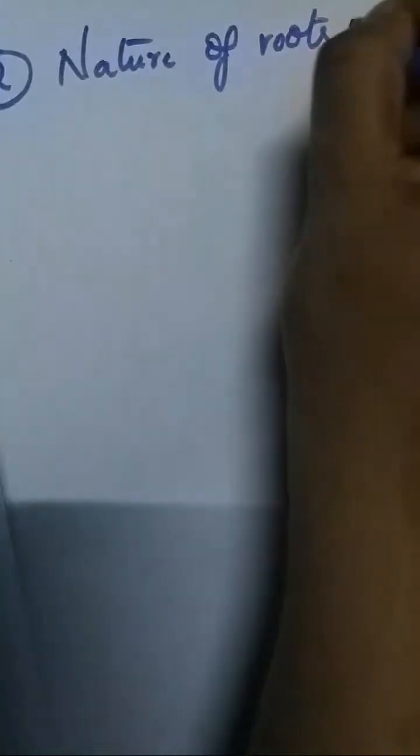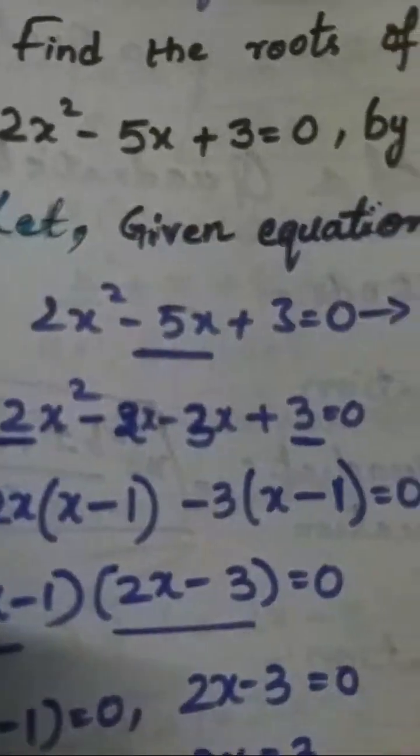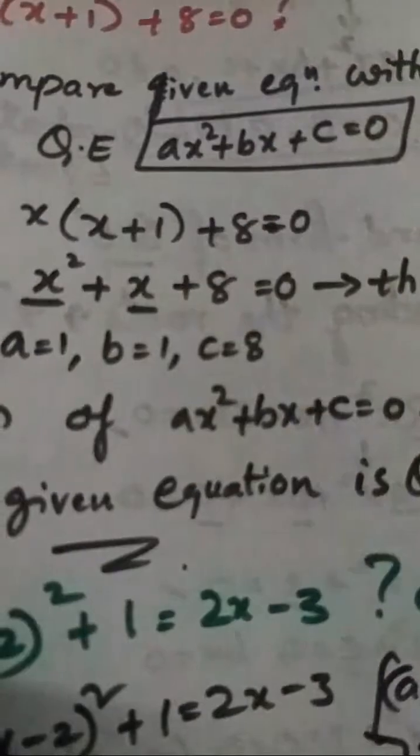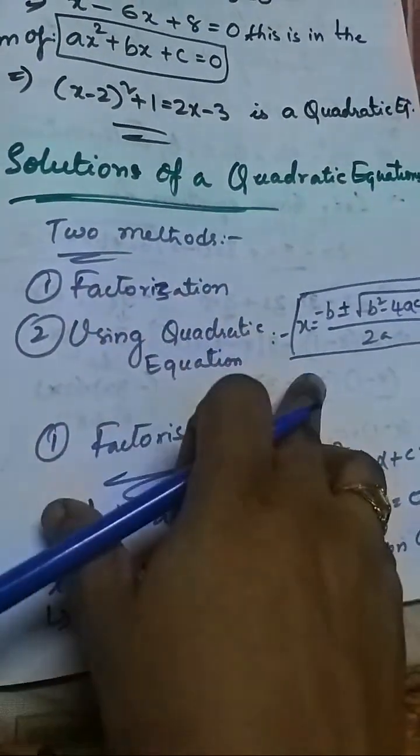The second method is the nature of roots formula, that is x equals minus b plus or minus square root of b square minus 4ac, by 2a. This is the formula method. I have told you already before starting this topic that two methods are there for solving quadratic equations.